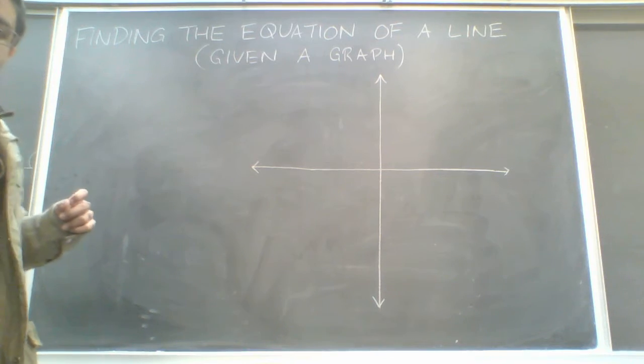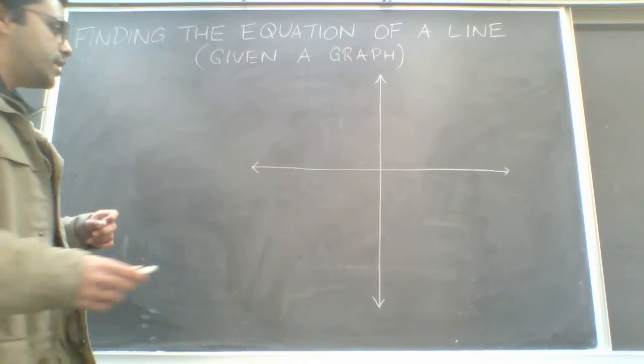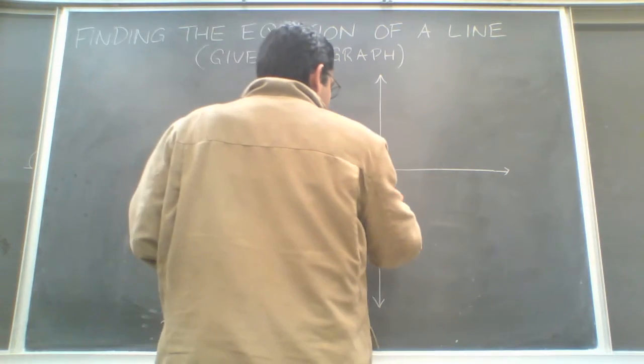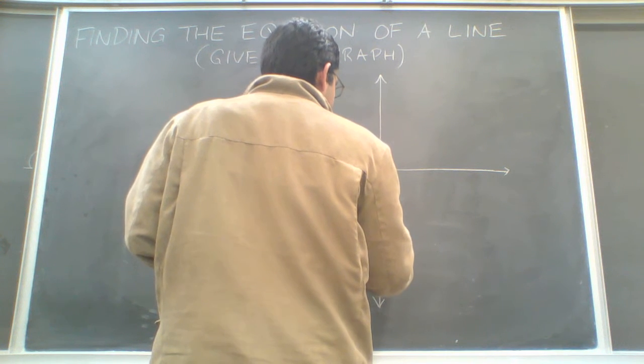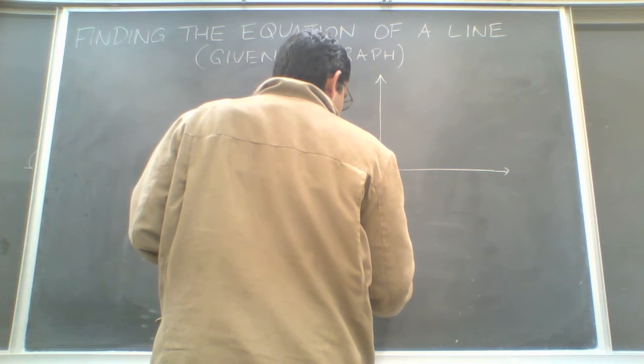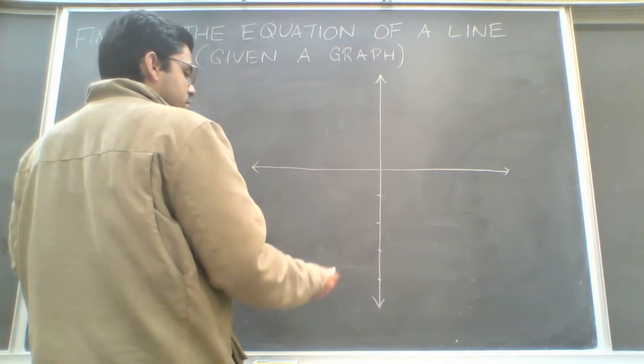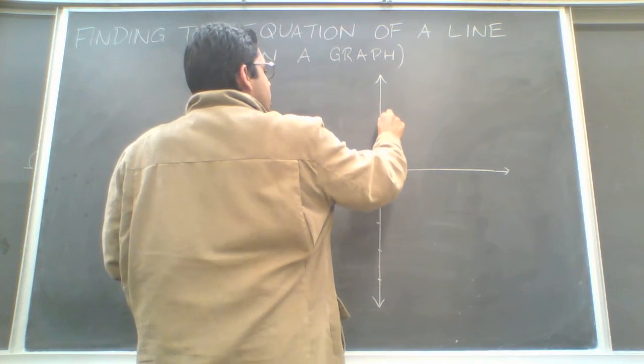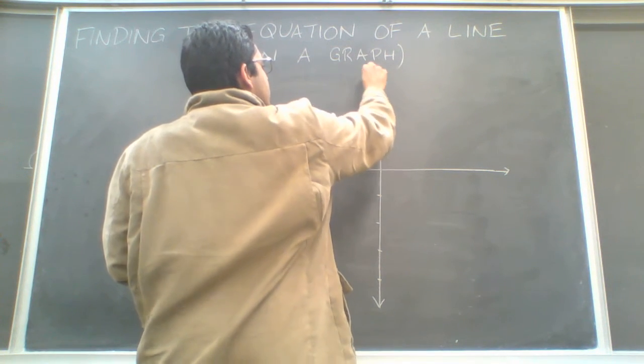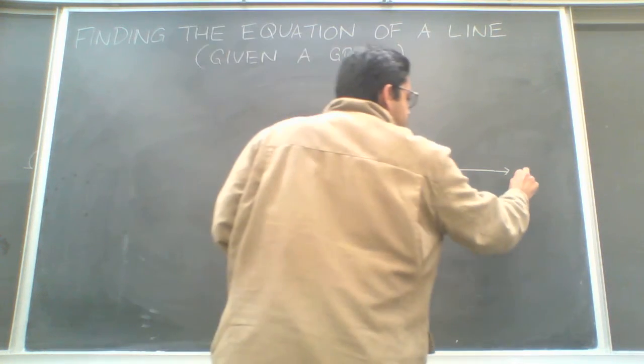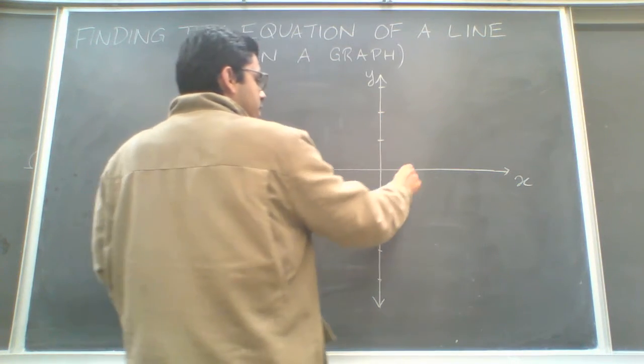So we've got something like that. Okay, that looks reasonably straight. We've got 1, 2, 3, 4 going that way, and 1, 2, 3 going that way. That's our positive y-axis. That's our positive x-axis. Don't forget to label those.